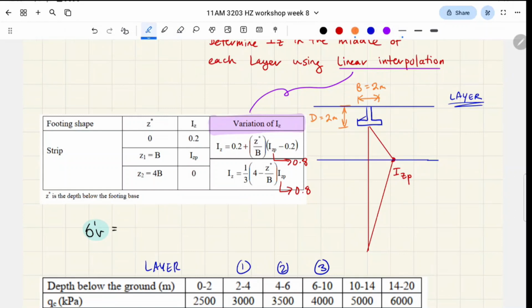One width beneath our footing is where we find our peak influence factor. Z2 is going to be 4 widths beneath our footing. So Z2 is equal to 4b, which is equal to 8 meters, because our footing is 2 meters wide.